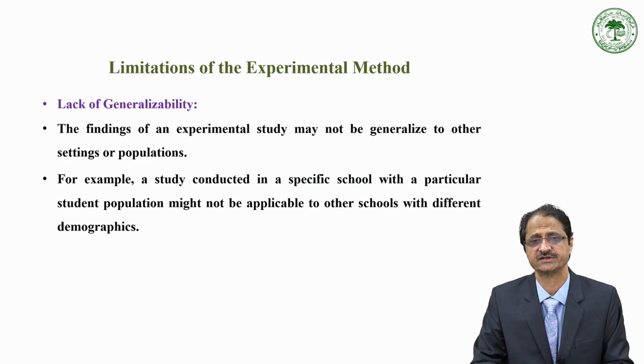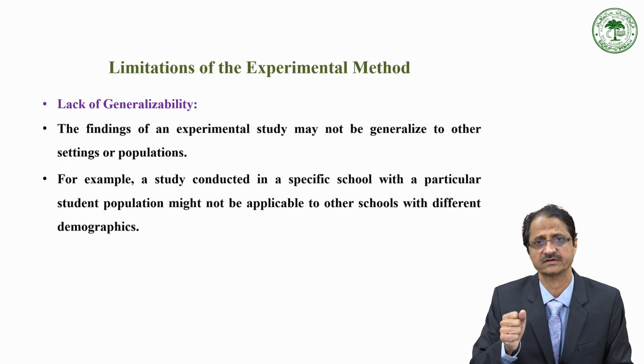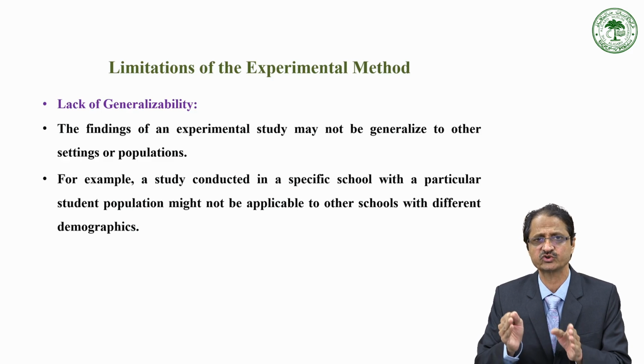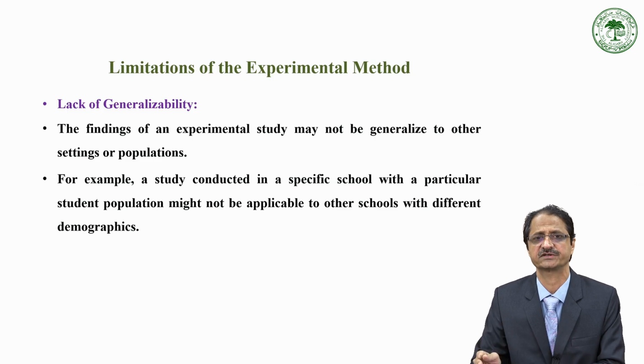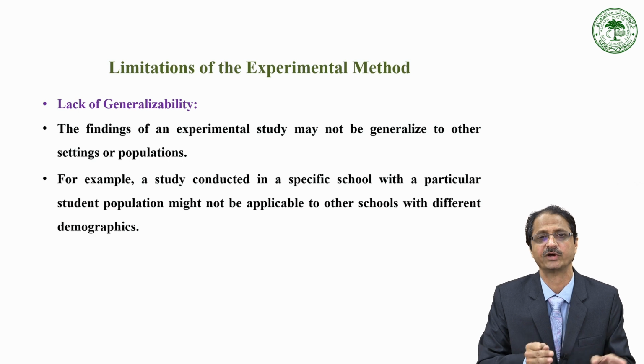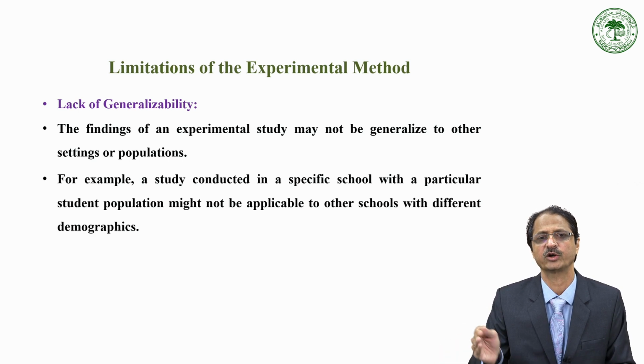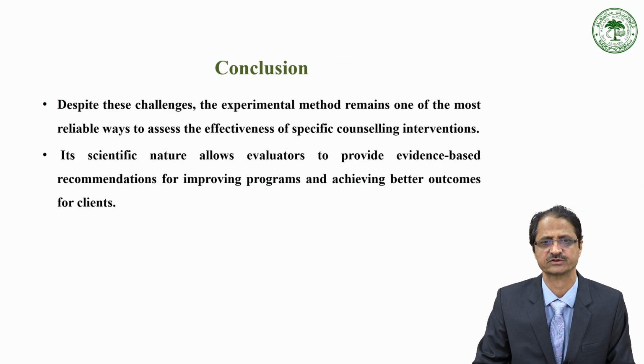So limited generalization is there, because you have used some experimental situation, and this experimental situation cannot be applied to the entire population. Situations in one school may not be applicable to another school.